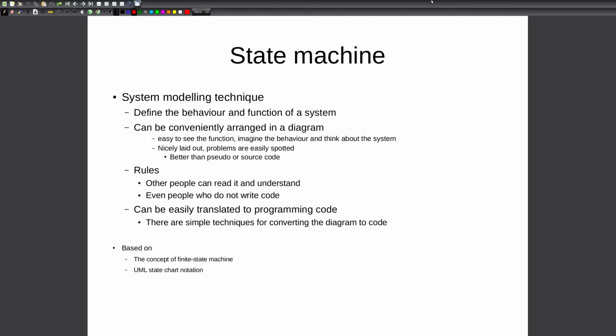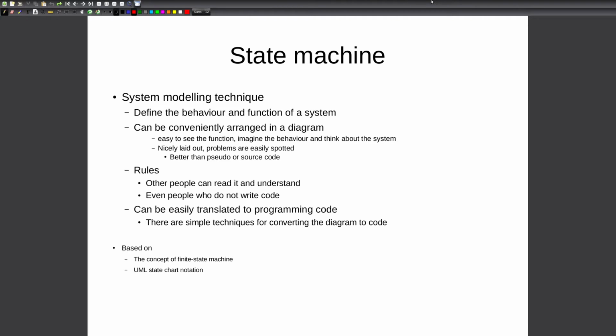We can imagine the behavior of the system, and we can also very easily think about it. If the diagram is laid out very nicely, the problems in the design can be very easily spotted. It's definitely way better than looking at pseudo code or source code and trying to find bugs.